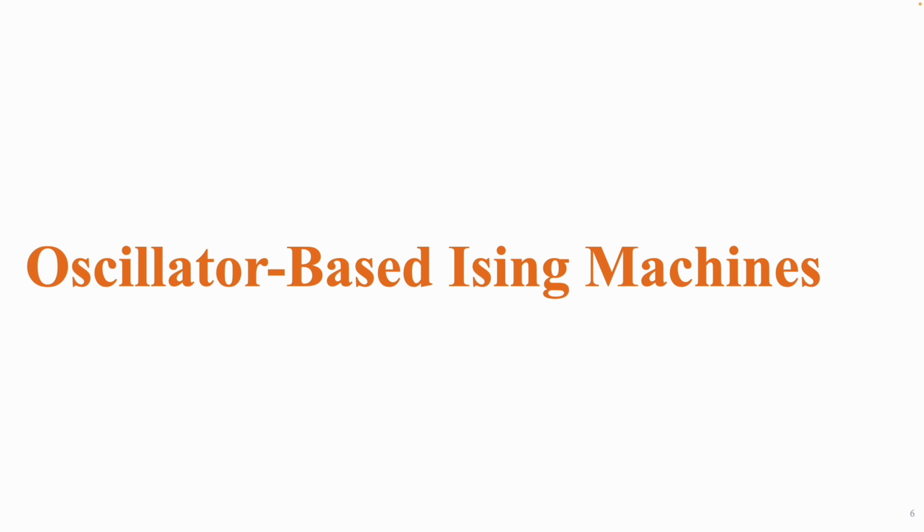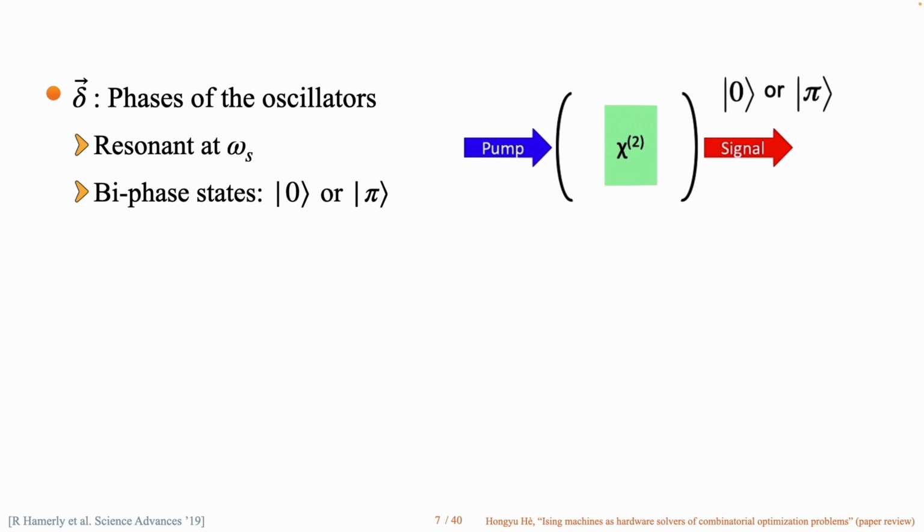So the first type of Ising machines this paper introduces is called oscillator-based Ising machines. What that is, is that we are using the phases of those oscillators to represent the spins in the Ising computational model.